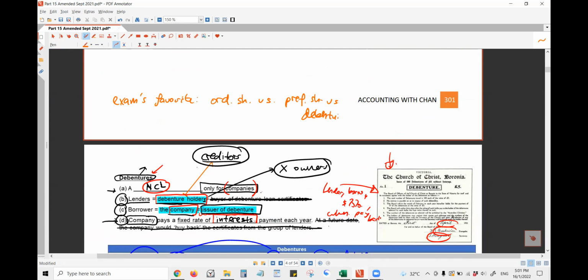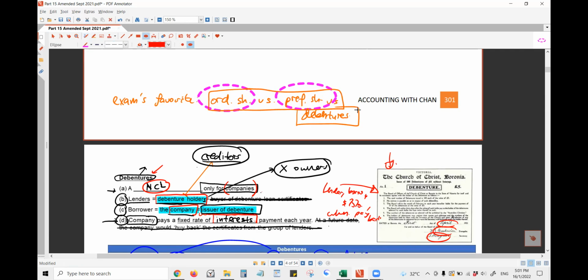Later, I'll show you more questions. Earlier, you did a lot of questions on this comparison, right? Ordinary shares versus preference shares. And this time, there's one more item, debentures, and they always ask you to compare these 3 things against one another. Let's see some questions.